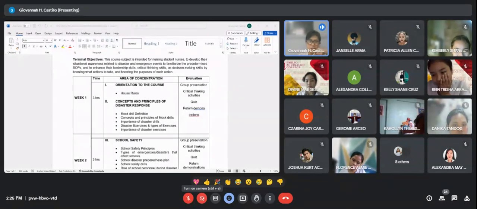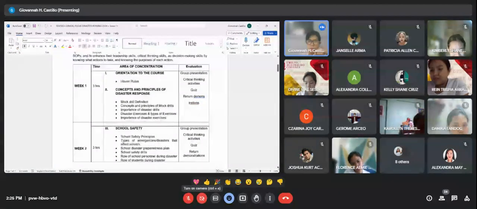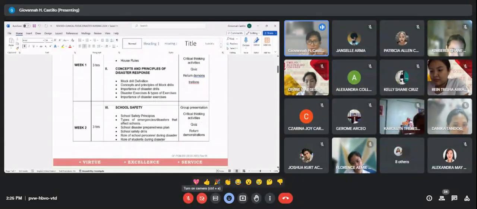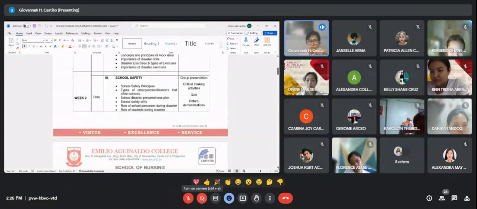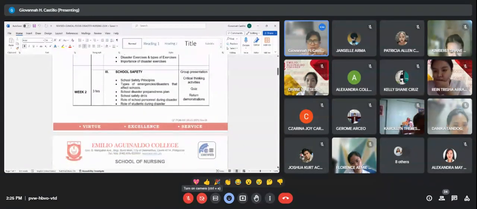So dito sa RLE ninyo, you're going to have your mock drill, you're going to have different exercises related to disasters, and also you are going to learn here the different safety protocols that are applicable to the school environment. What are the disaster preparedness plan of the school, yung mga safety drills, tsaka what will be the role of the nurses during the disaster sa school.